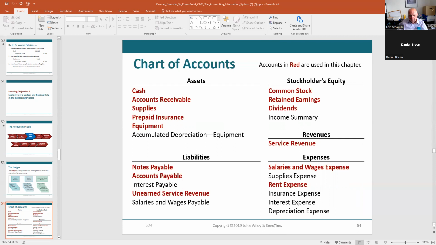They seem reasonable. Liabilities, you have notes payable, accounts payable, the unearned revenue. Stockholders' equity, we've got the common stock. We got retained earnings and dividends, revenues, and then the expenses, okay? I'm only reading the red ones because those are the ones we're touching in this chapter here.